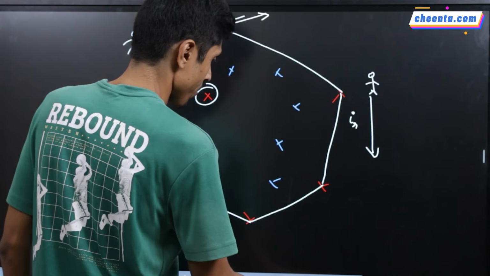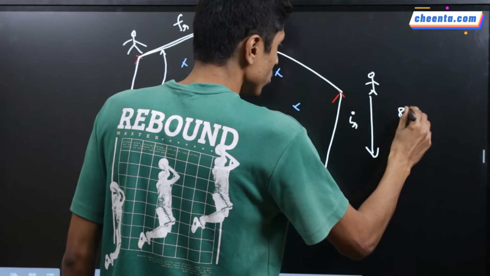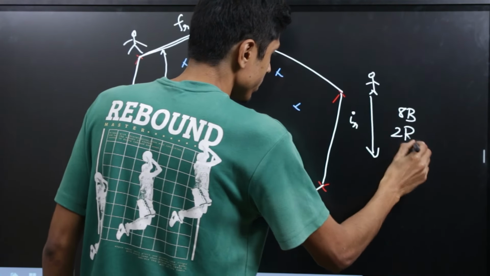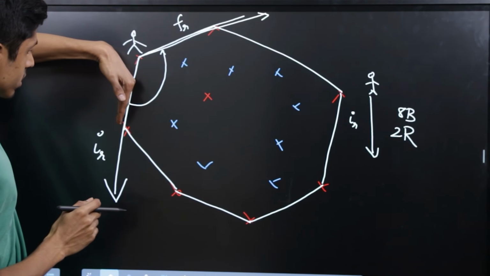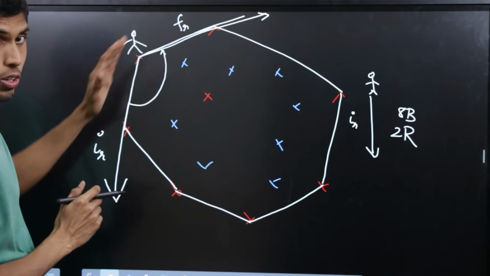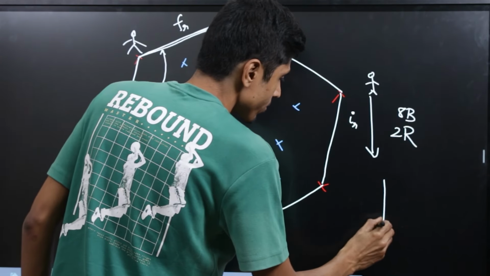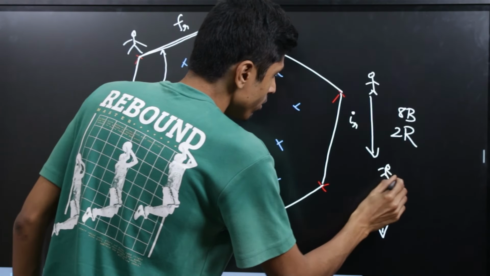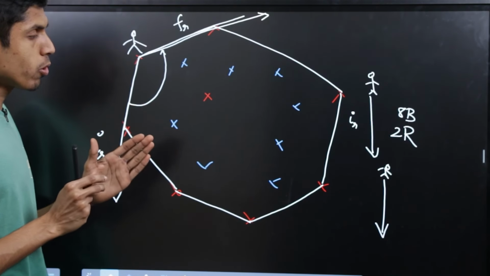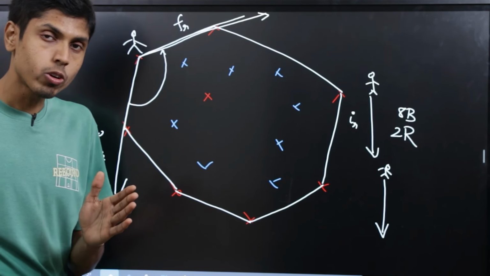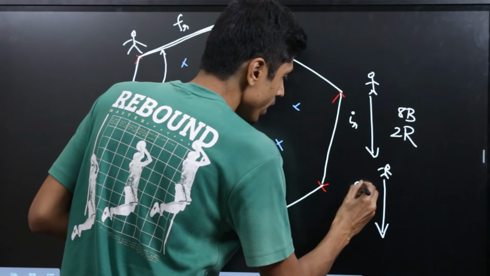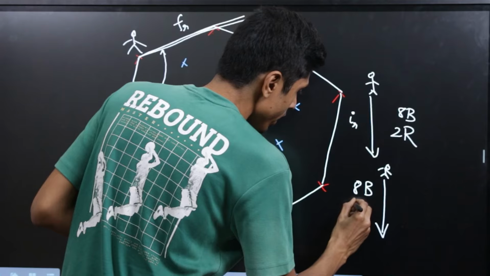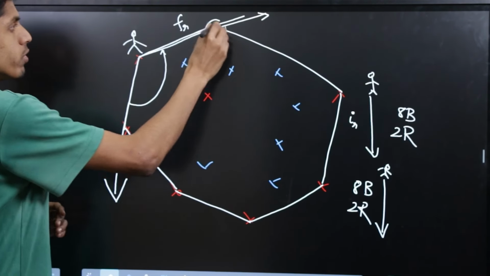So that amounts to 8 blue and 2 reds. Now as you rotate this incident ray, you will get to the final ray. And with respect to U, now all the points happen to occur on your left side. So it will be 8 blue and 2 red inclusive of this red.